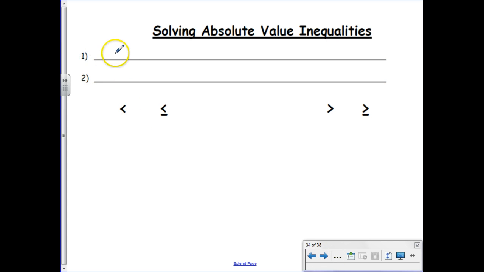On the first line, here's what I want you to remember about solving absolute value inequalities. Of course, you're going to get it to the point where you get the absolute value part of the inequality by itself.